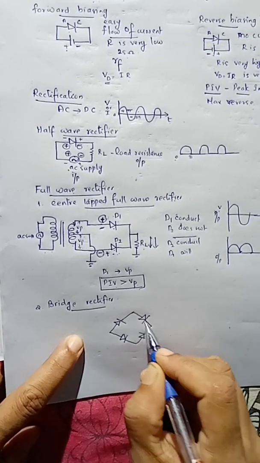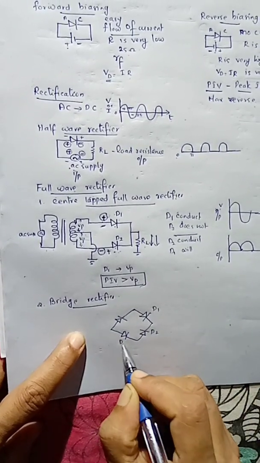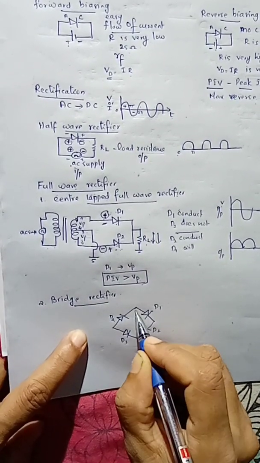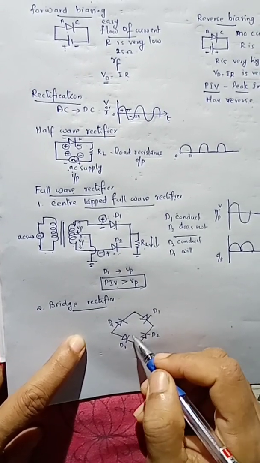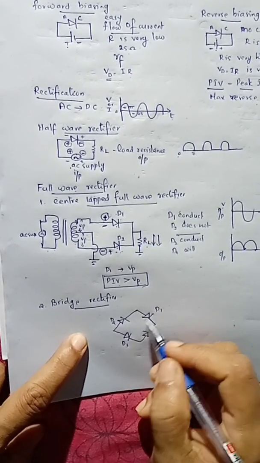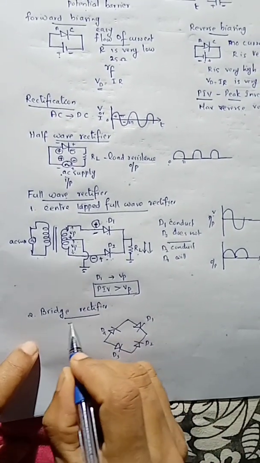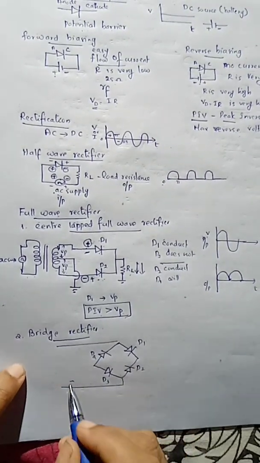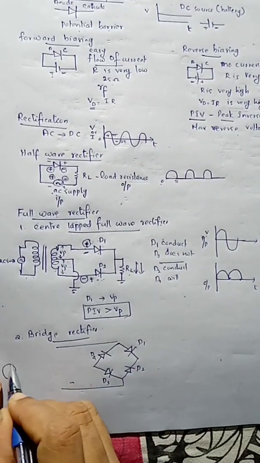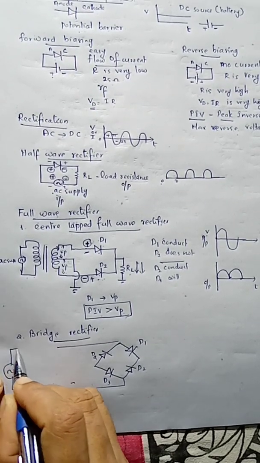That is, D1 here, D2 here, D3 here and D4 here are connected in such a manner that D1 and D3, the opposite arms, have the diodes connected in the same manner, and we are connecting it to an input AC supply through a transformer.